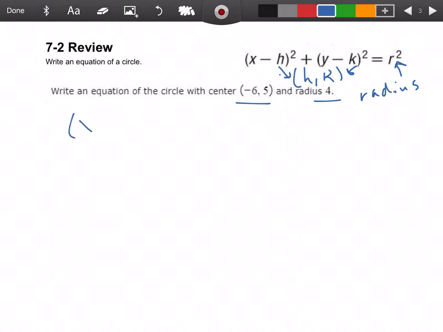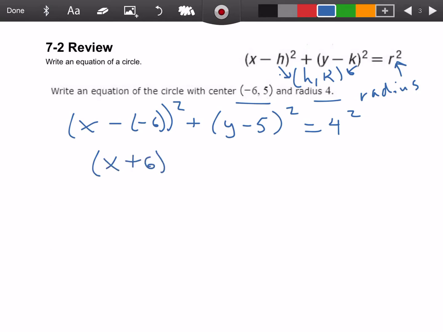So here we have h of -6, so we'd have x minus -6 squared plus y minus 5 squared equals 4 squared. And really you just need to clean it up a little bit and say x plus 6 squared, and then we have y minus 5 squared equals 16. And that's how you'd write the equation for that circle right there.